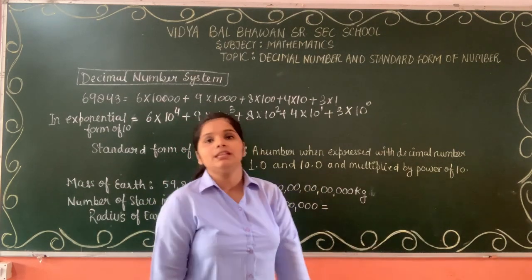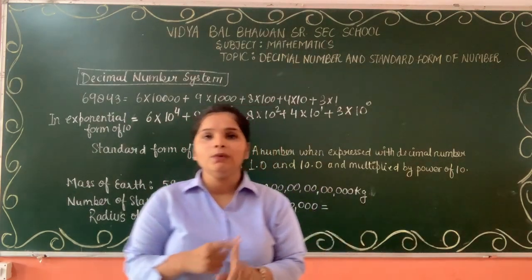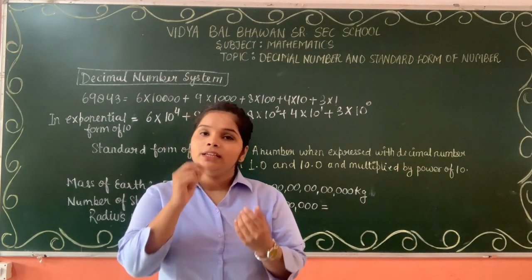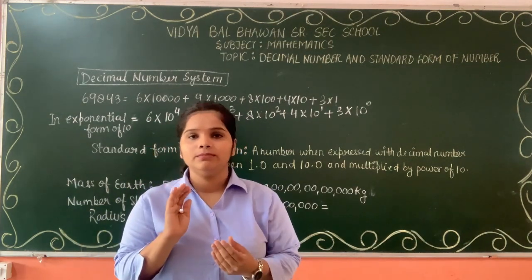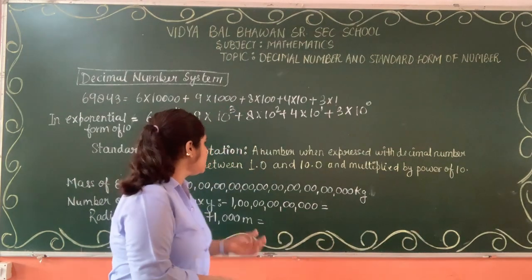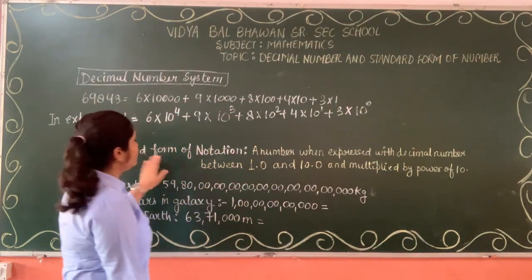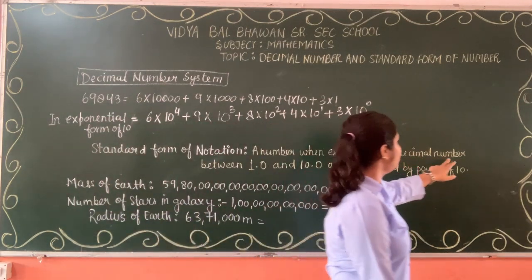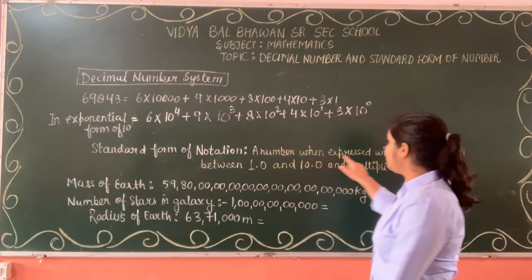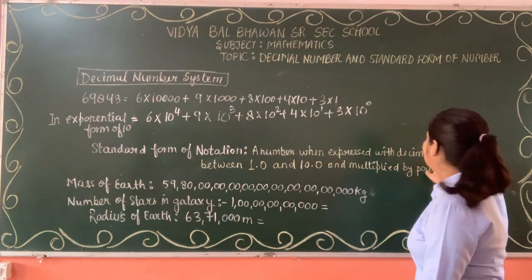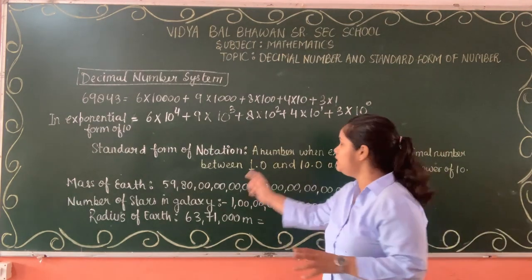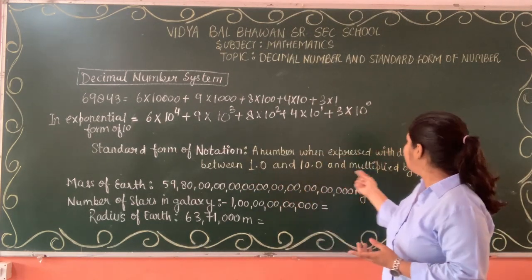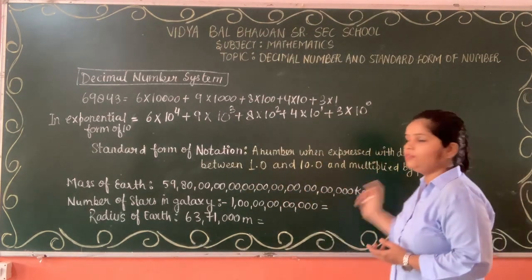When we represent any large number in between 1 and 10 with multiplied with 10 raised to the power some power. So this is it. What is the standard form of notation? A number which will be expressed with decimal number. We need to place the decimal number between 1 and 10 and multiplied by power of 10.